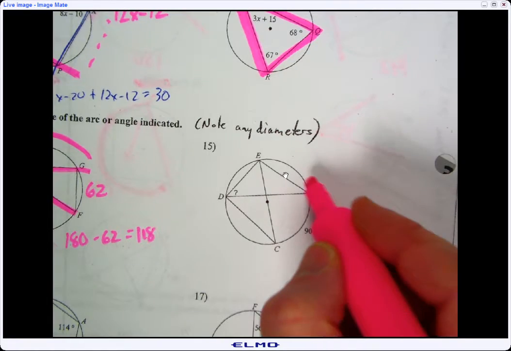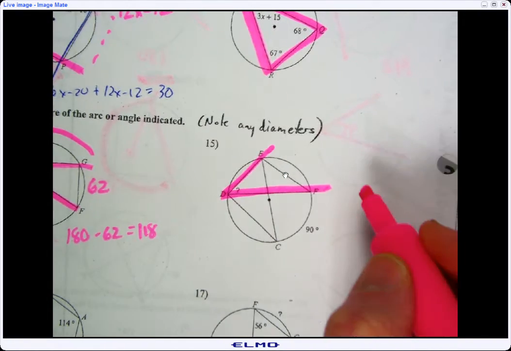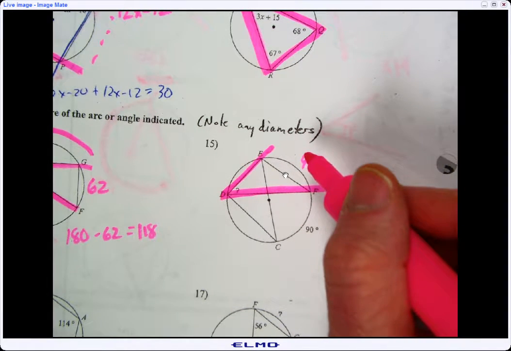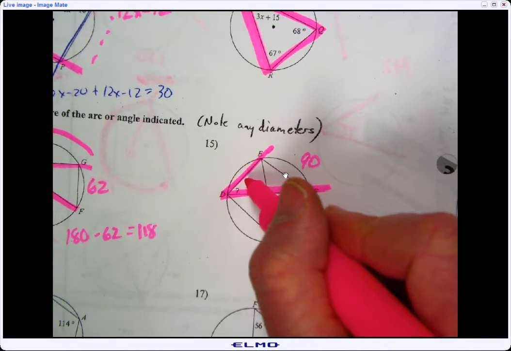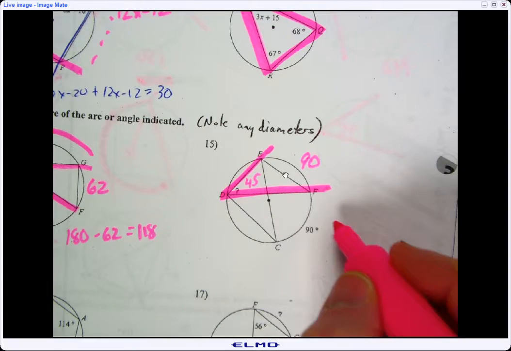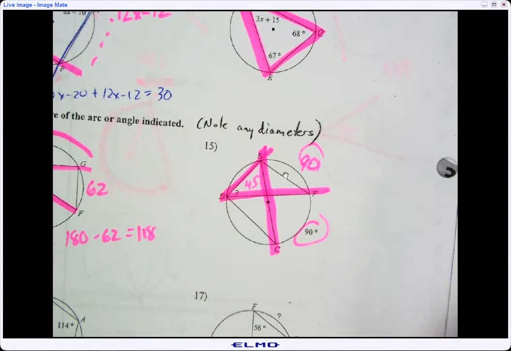Now extend here. This arc is 90, which means this is 45. These 2 have to add up to 180 because that is a diameter going down the middle.